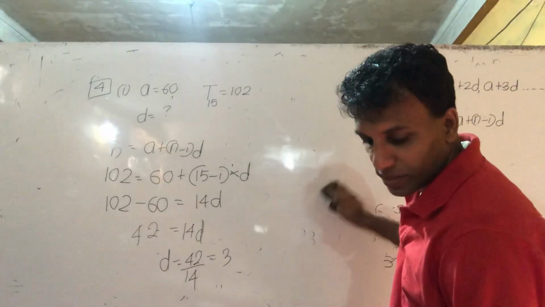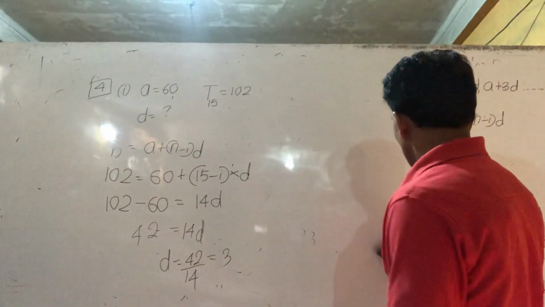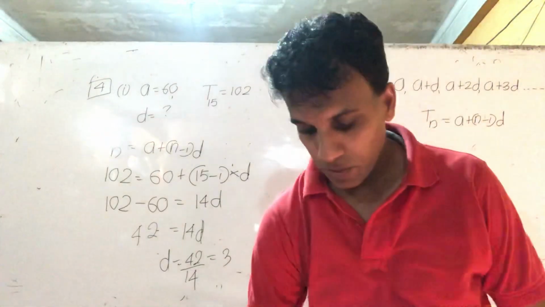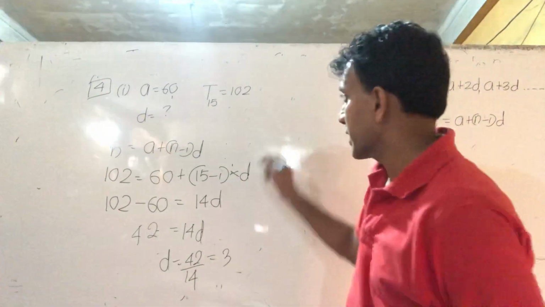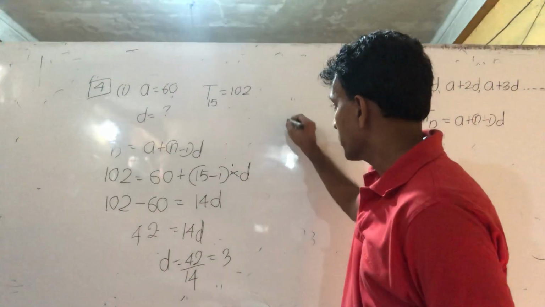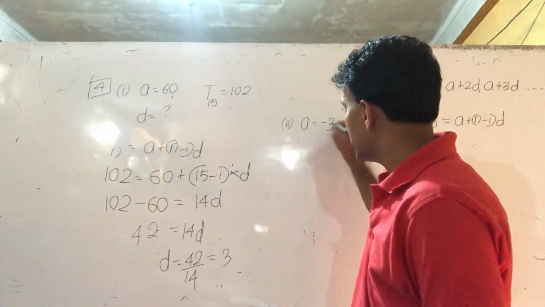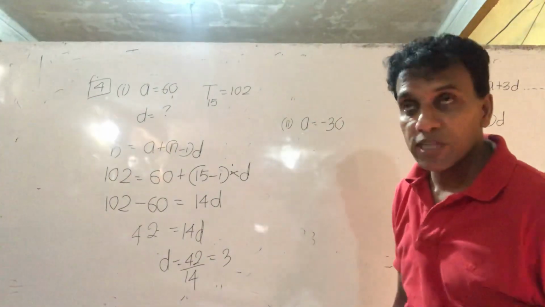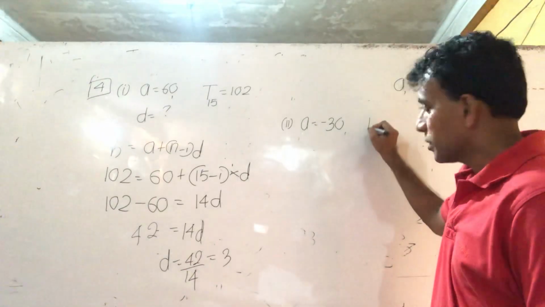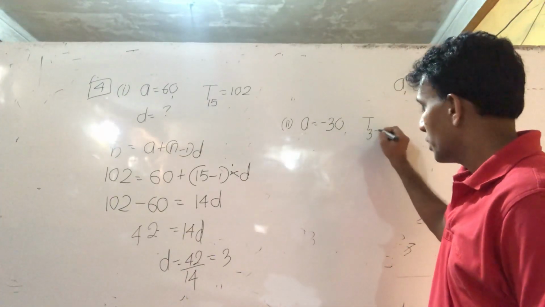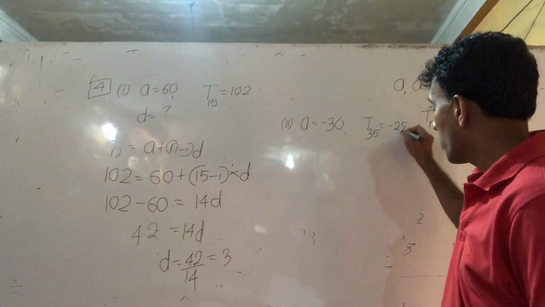A is minus 30, the 35th term is also given. Second problem. First term is minus 30. 35th term is minus 25.